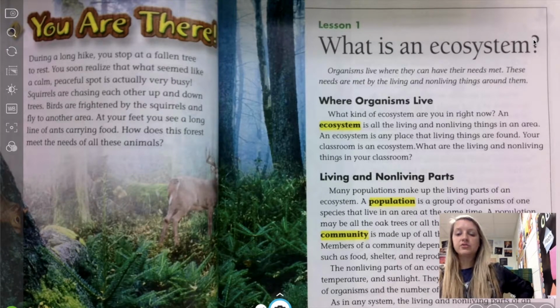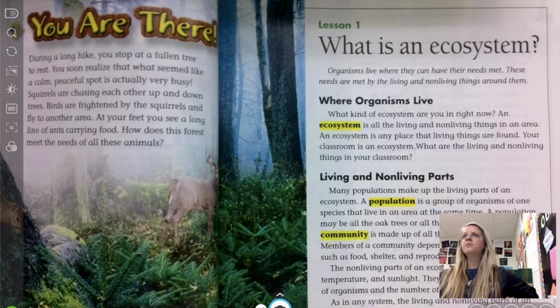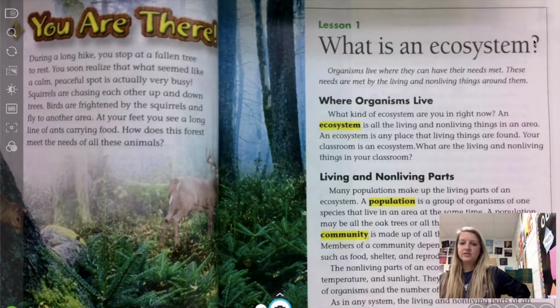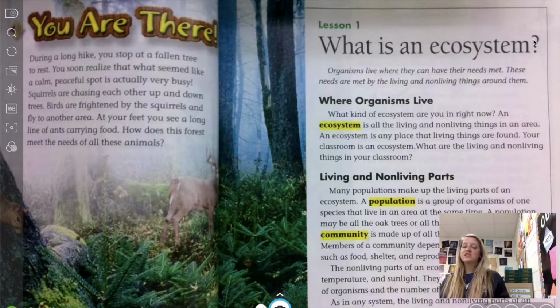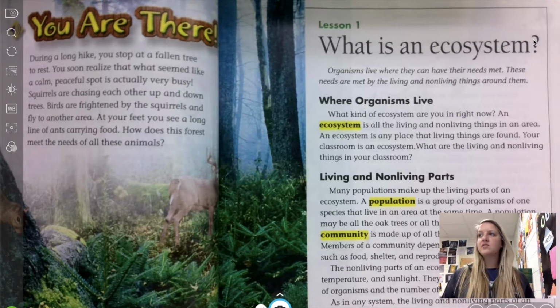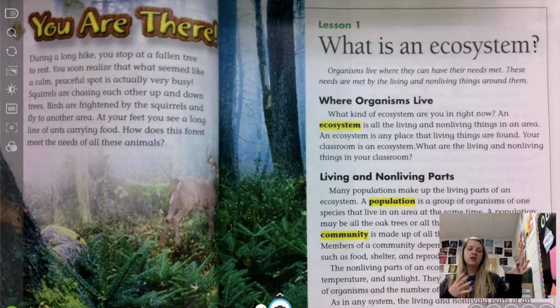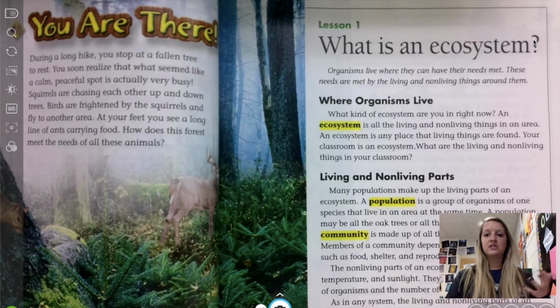Your classroom is an ecosystem. Your room that you're working in right now at home is an ecosystem. What are the living and non-living things in your classroom? So right now, there's not a whole lot of living things in the classroom. It's just me. But there's a lot of non-living things in here. There are desks, the board, computers, food.